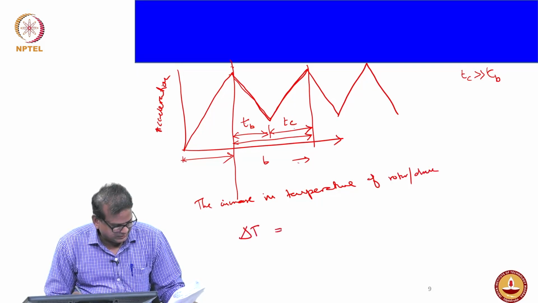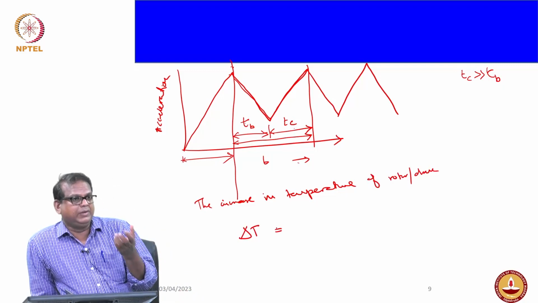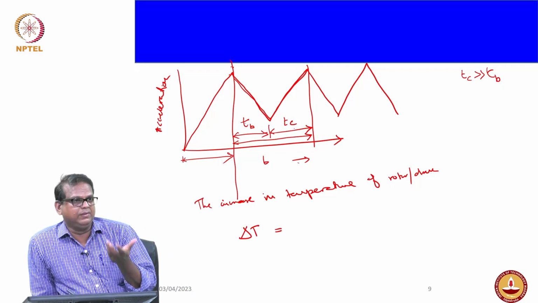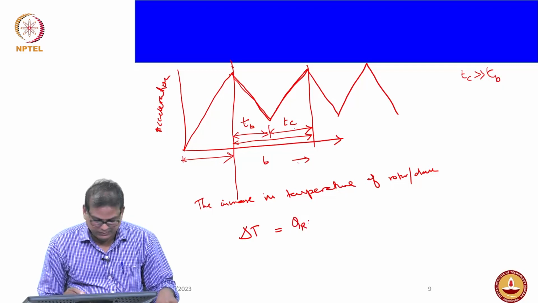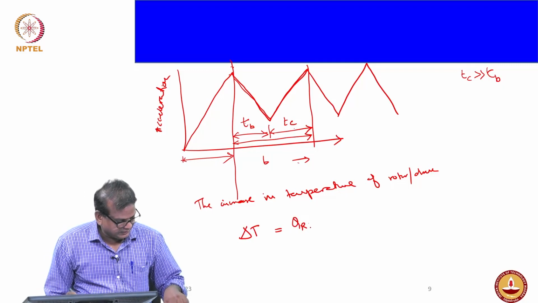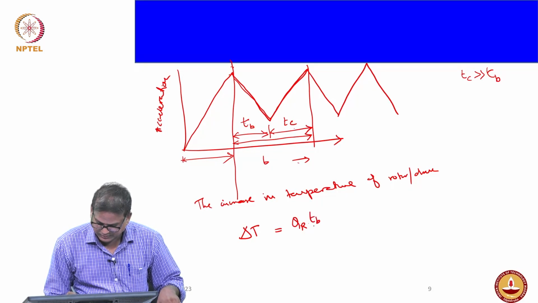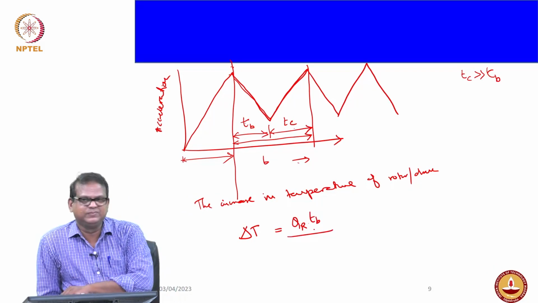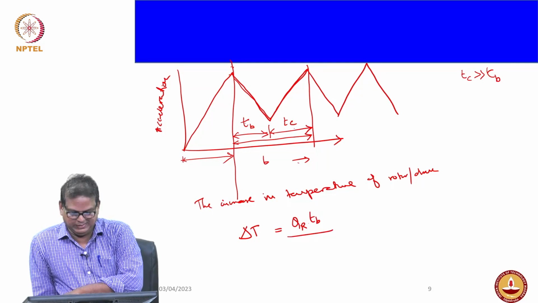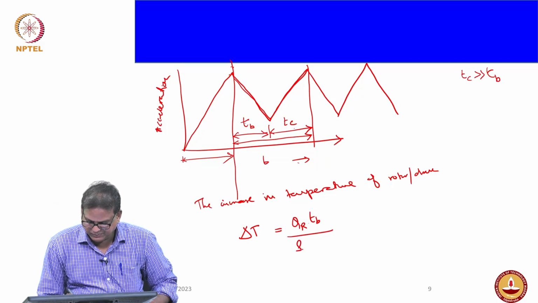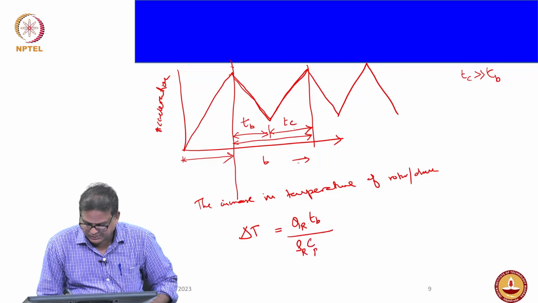So delta T depends on the amount of heat absorbed in the rotor, QR, then your braking time, and then your thermal diffusivity, rho R, CR and KR.